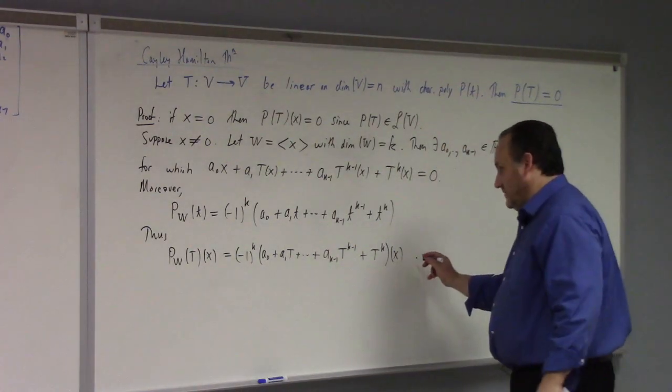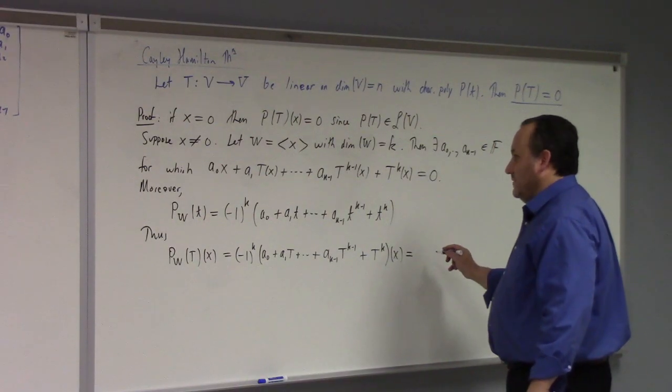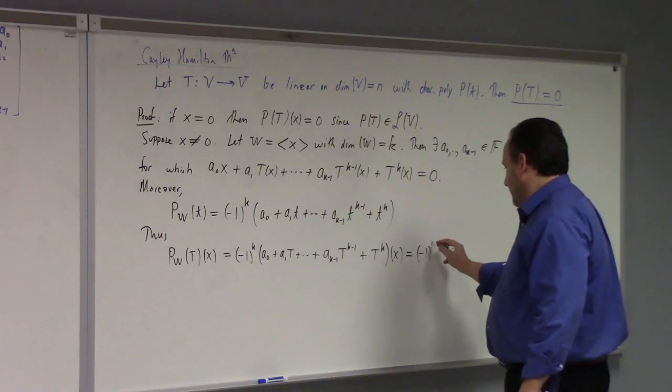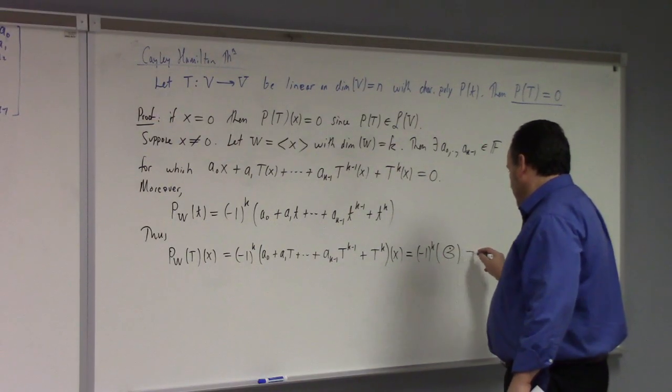But that is literally equal to minus 1 to the k times Pac-Man, which is equal to 0.